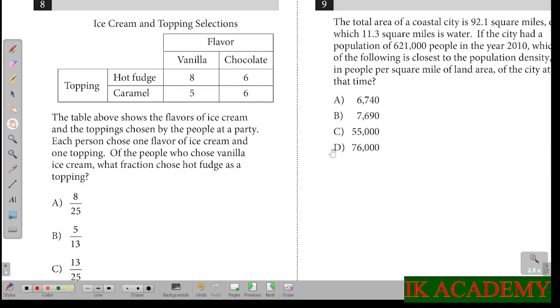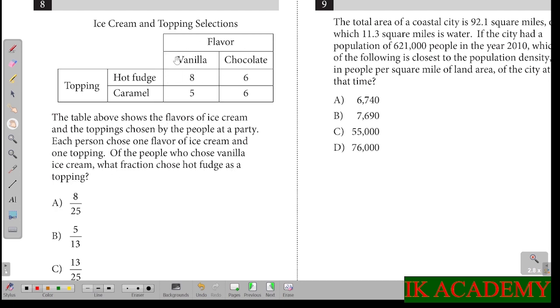So our next question is, the table above shows the flavor of ice cream and the topping chosen by the people at a party. Each person chose one flavor of ice cream and one topping. Of the people who choose vanilla ice cream, what fraction choose hot fudge as a topping?